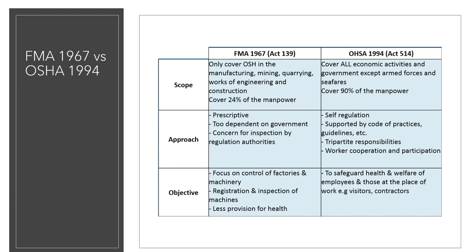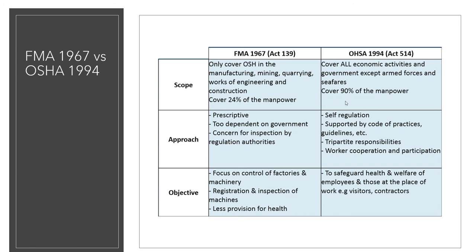Okay, so FMA versus OSHA dari segi scope, approach dan juga objektif. Kalau kita lihat scope untuk FMA compared to OSHA, FMA only cover OSH in the manufacturing, mining, quarrying, works of engineering and construction, but for OSHA cover all economic activities and government except armed force and seafarers.